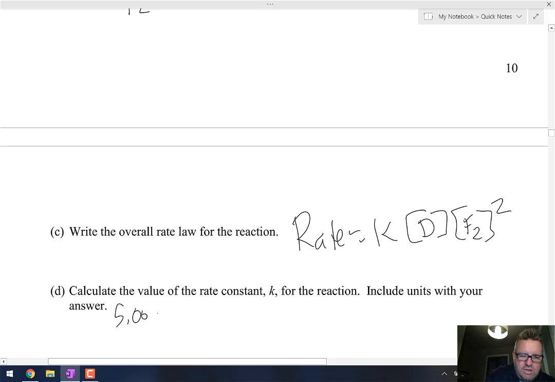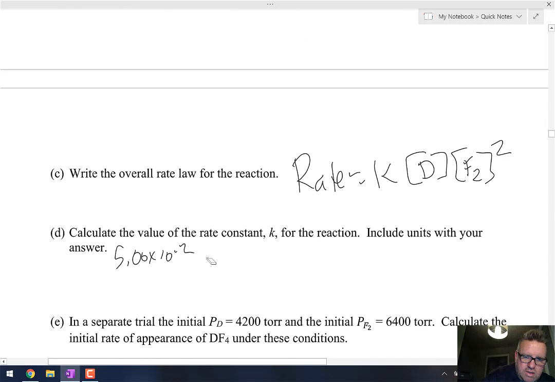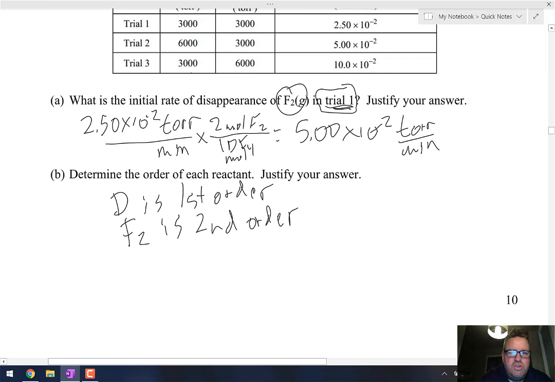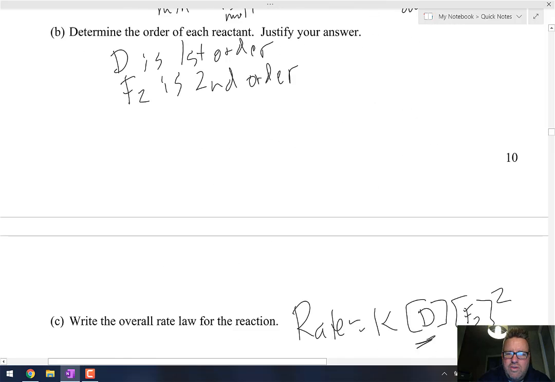So 5.00 times 10 to the minus second. Molarity, oh no, it's torr, right? Torr per minute, that's right. Just to kind of, again, try to mess with you. Torr per minute, this will be a good one actually, is equal to K. Now we need the pressure or the concentration of D, which is, again, in trial 2, it's 6,000, and in F2, it's 3,000.